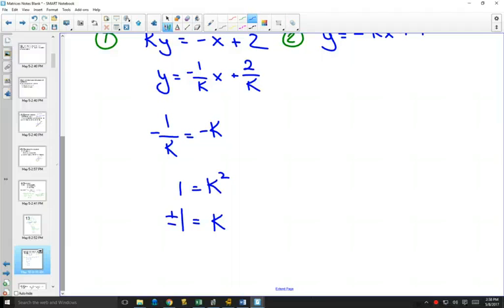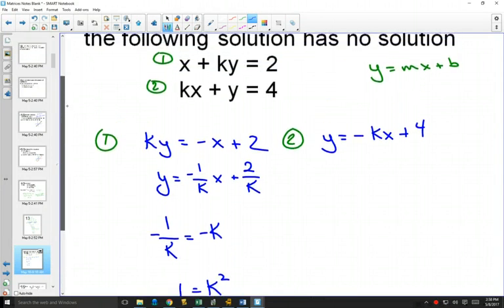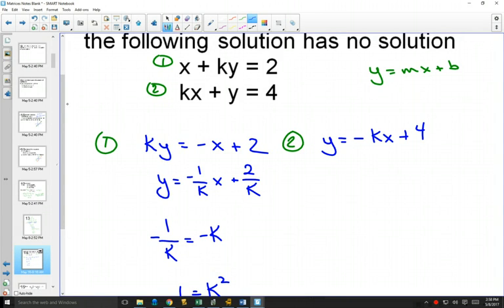Well, if k is equal to 0, then you've got x equals 2 and y equals 4. If you think about those two lines, one of them is a horizontal line, one of them is a vertical line. But you're not allowed to have x equals 2. Why can't x equal 2? Because in a line, you can't cross the line more than once.